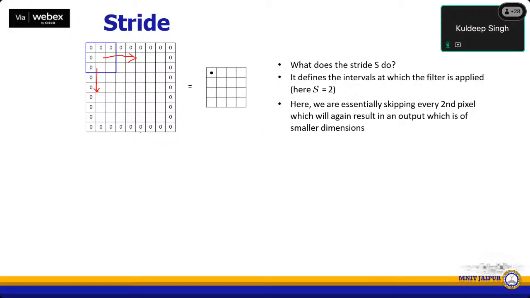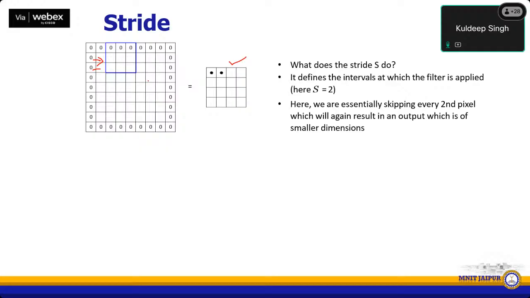As the next convolution happens, how many pixels have I moved this filter in this direction? You can see here the stride was 2 because we have moved this filter by 2 pixels in this direction. Why is this parameter stride very important? Because the dimension of the output feature map will be governed by the stride value.